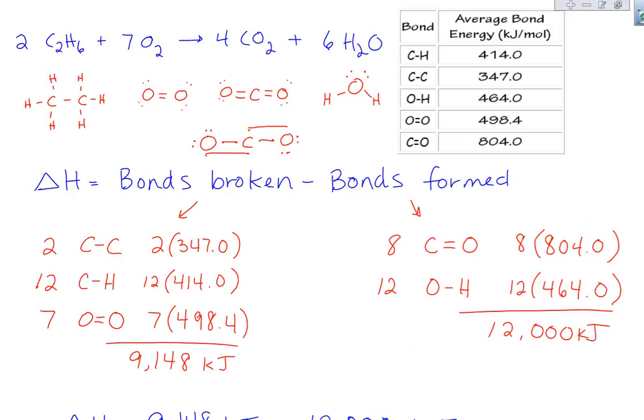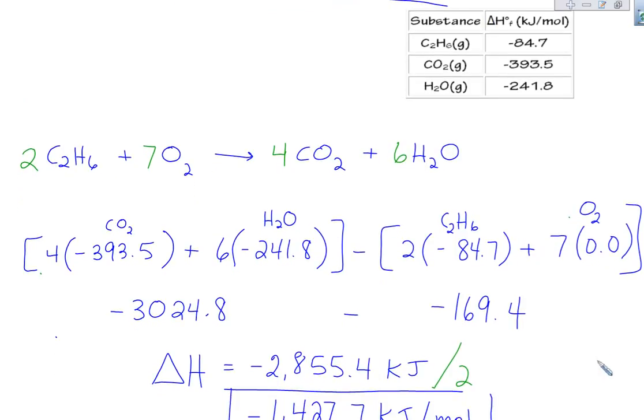If we go back and compare to the last one, what do you know? It's almost exactly the same. This negative 2,800 kilojoules was for the 2, 7, 4, 6 ratio. If they asked me kilojoules per 1 mole, I would do the same thing and divide by 2.